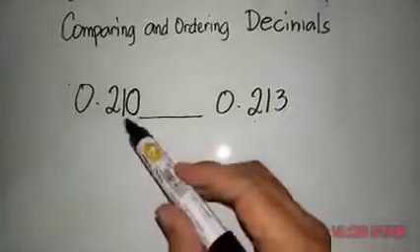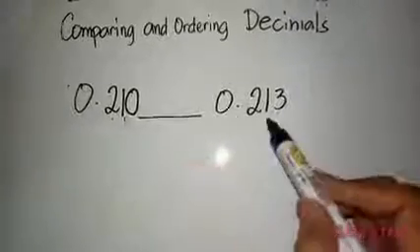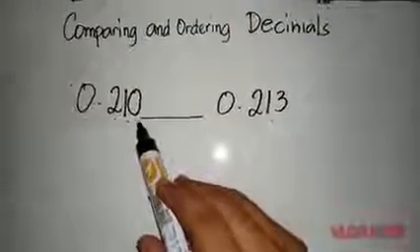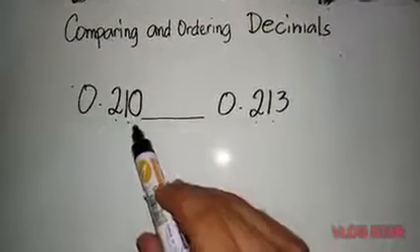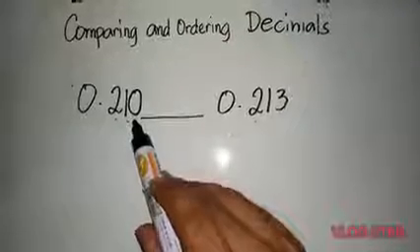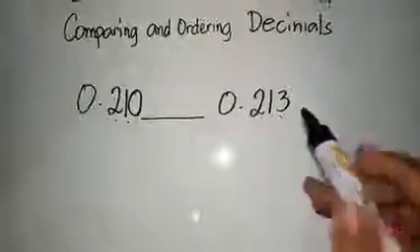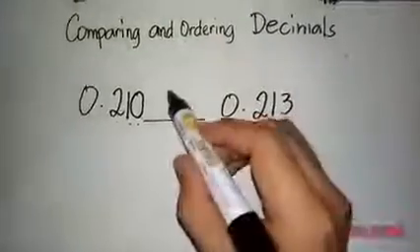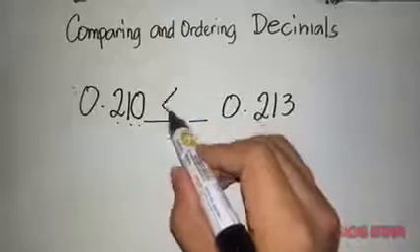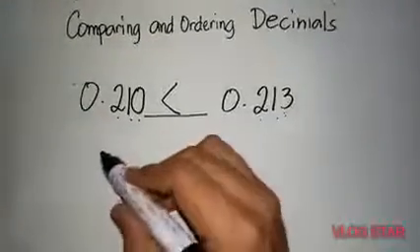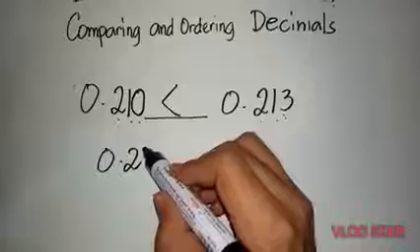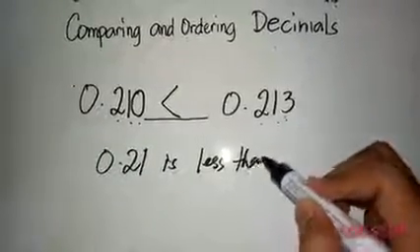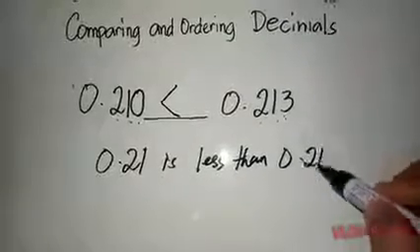For the hundredths place, 1, 1, so they are just equal. And next is for the thousandths digit, so 0 and 3. 0 is less than 3, so the sign must be less than, or it can be written as 0.21 is less than 0.213.